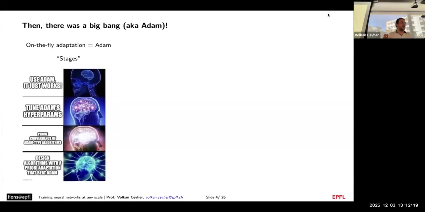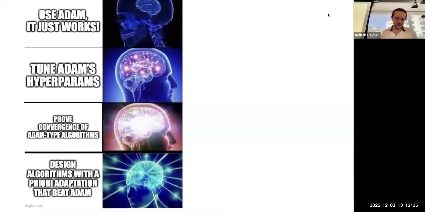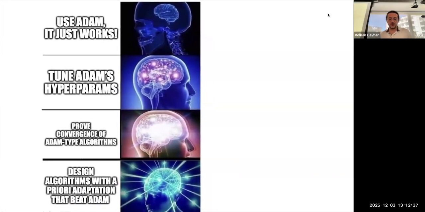All right. So in the beginning, there was SGD, then there was a big bang, right? AKA Adam. Currently, when people talk about on-the-fly adaptation, they basically mean Adam. And anybody who has used, worked, or studied Adam goes through the following stages. The first stage is, you go use Adam. It just works, right? It's a proven formula.